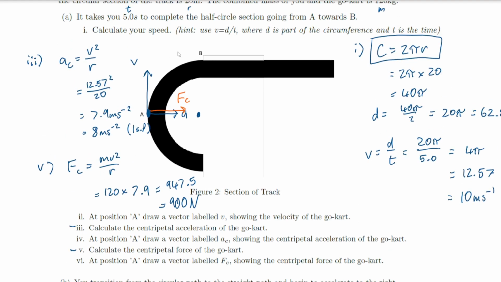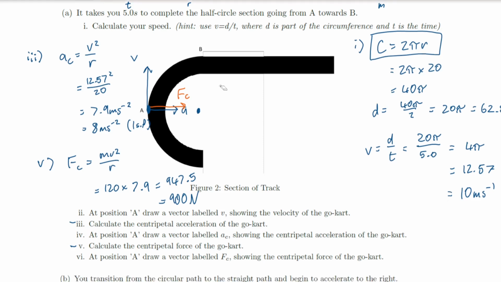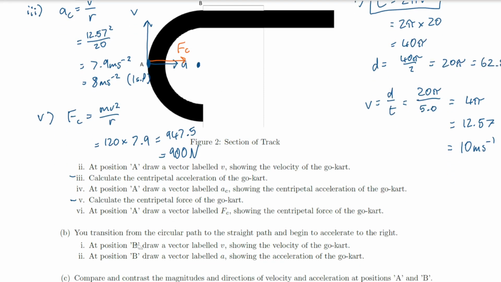Cool. So we're now here, and we see this nice open bit of path, the straight, and we put our foot on the pedal all the way down because we want to go fast, so we accelerate. And now at that position, draw a vector labeled v, showing the velocity, as well as a vector labeled a, showing the acceleration.